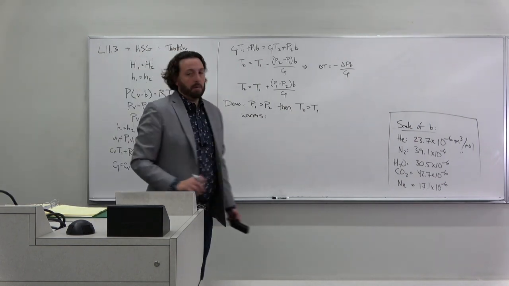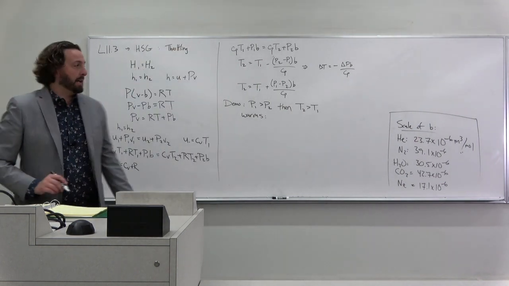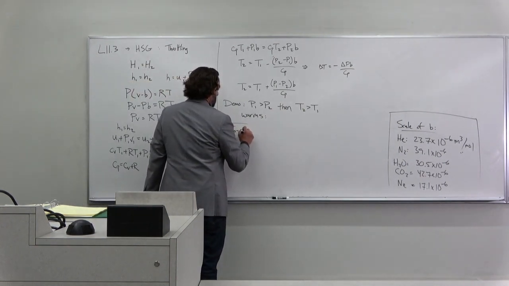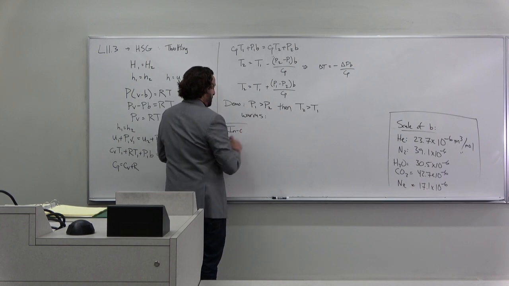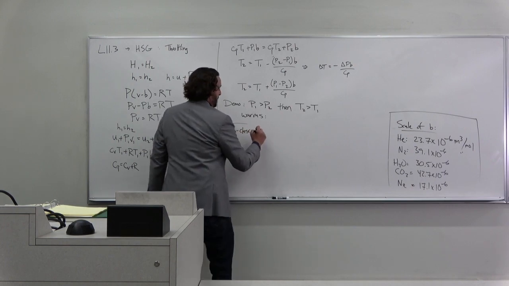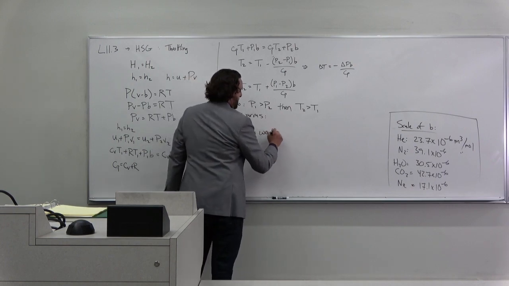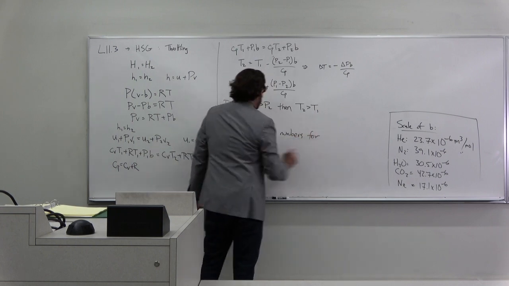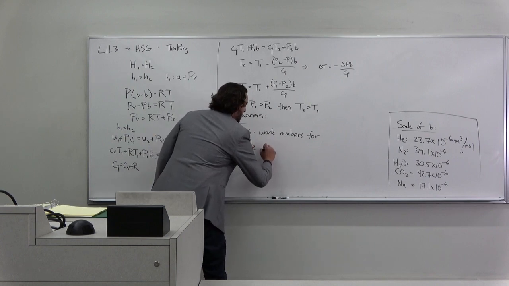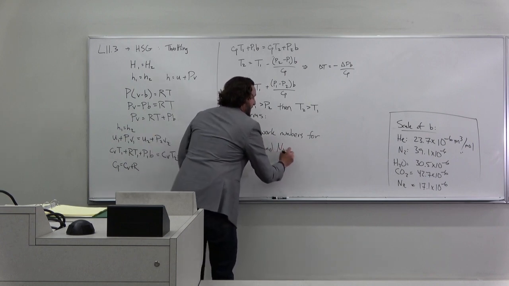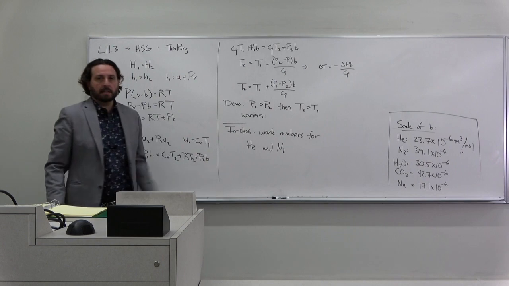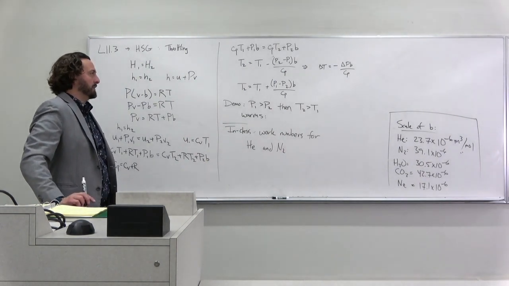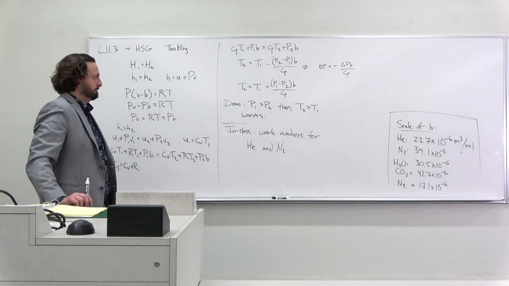So maybe what we'll do in class is work out the numbers for helium and nitrogen gas, giving you the numbers there, and see how close we got to our demo values. You can even do it ahead of time at home.